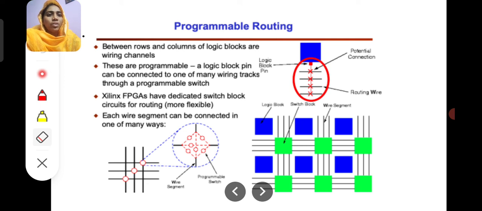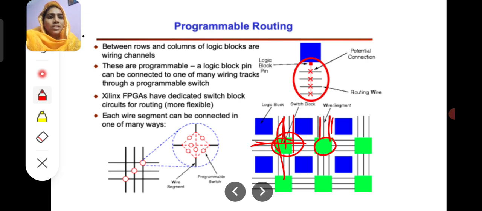Then we have programmable routing. This red arrow mark indicates that if we want to connect, we can connect, and if we do not want to connect, we can release that connection. Between rows and columns we have a switching matrix, and all the connections are connected to the switching matrix.